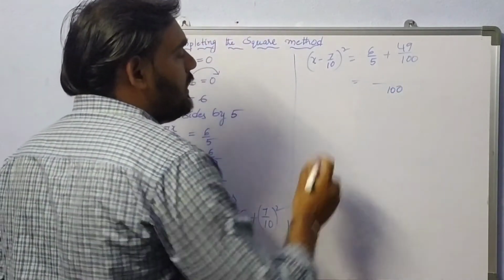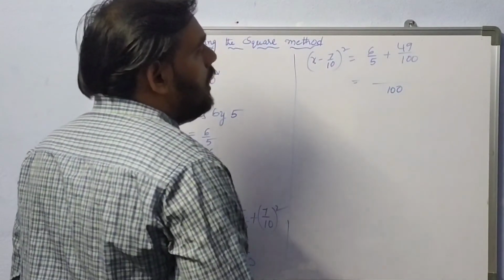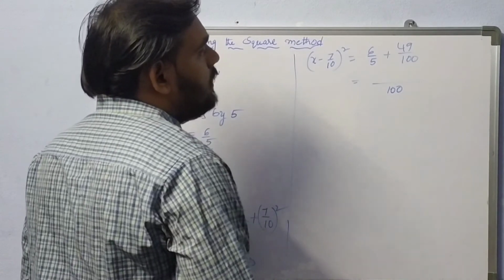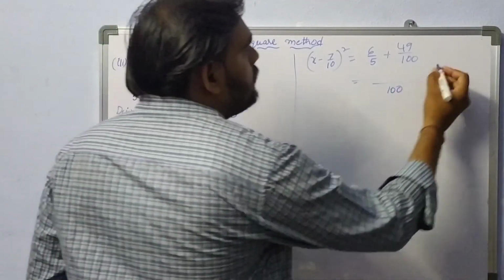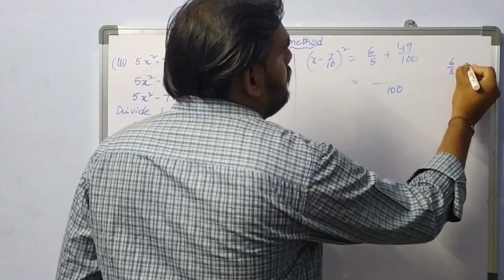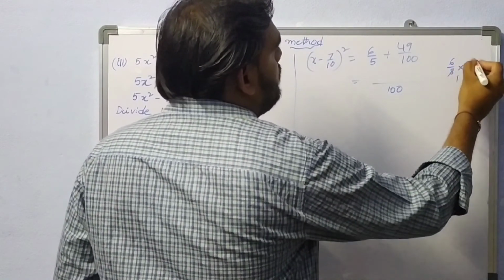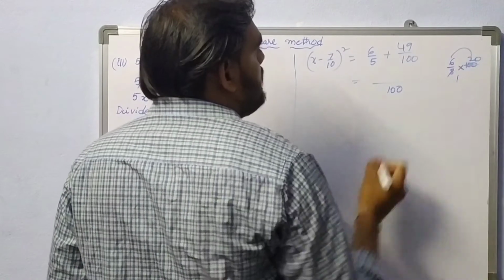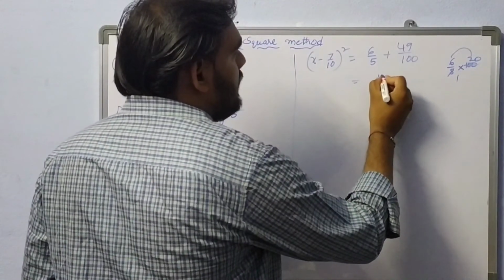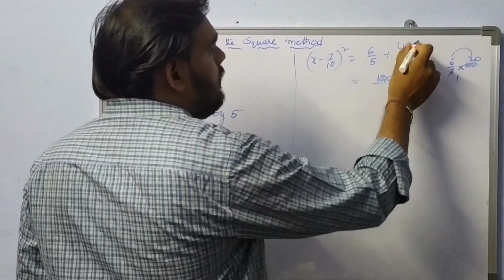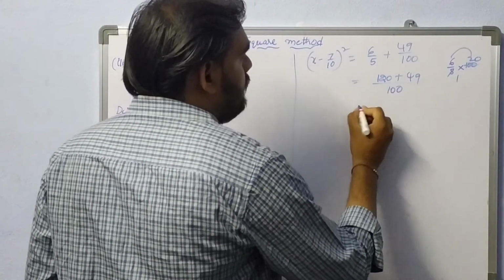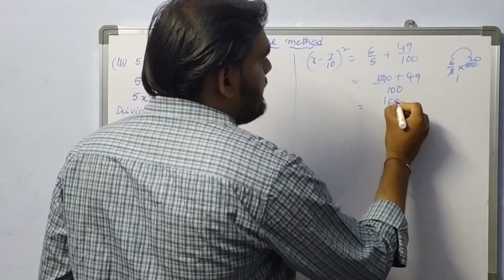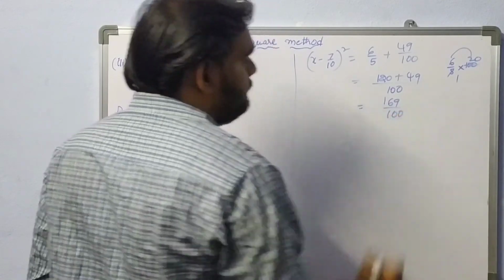So here you will get 6 by 5 into 100. 5 ones are 5, 5 twenties are 100. 6 twenties are 120. So here we will get 120 plus 49 by 100 into 100, we will get 49. Now we will get 169 by 100.